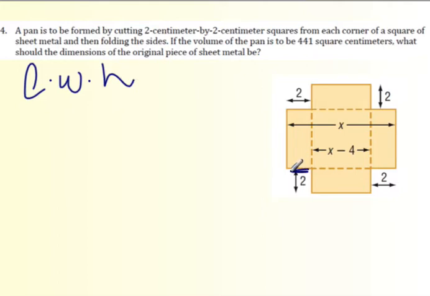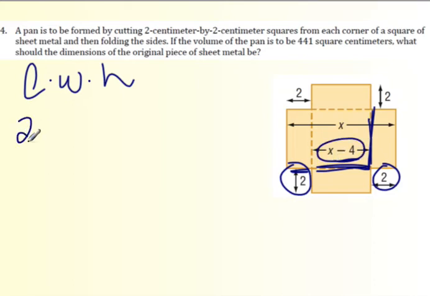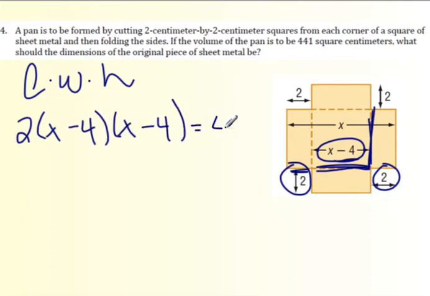You have a height of 2 here. This length is x minus 4, and this length is x minus 4. Here's how you get the minus 4: you're taking 2 off from each side. So we have 2 times x minus 4 times x minus 4, and that's equal to the volume of 441.